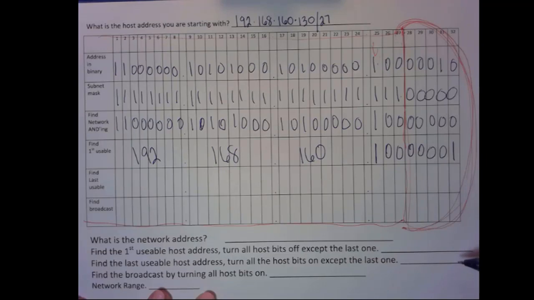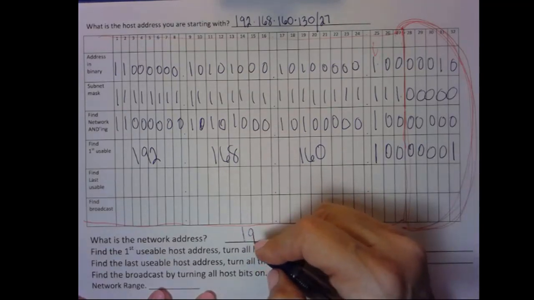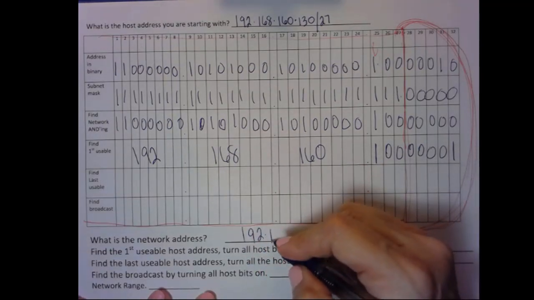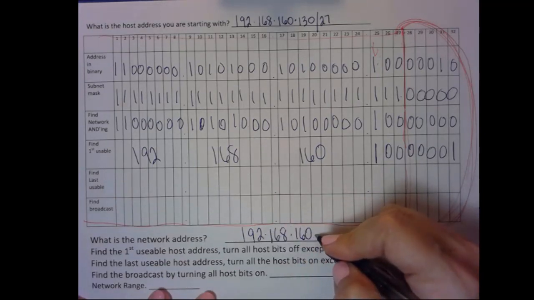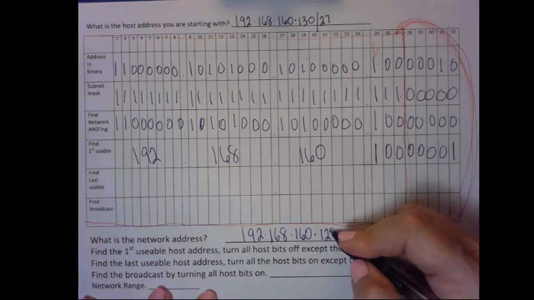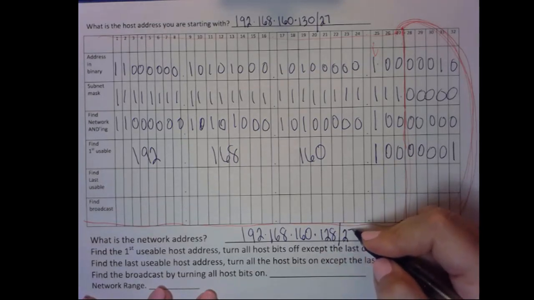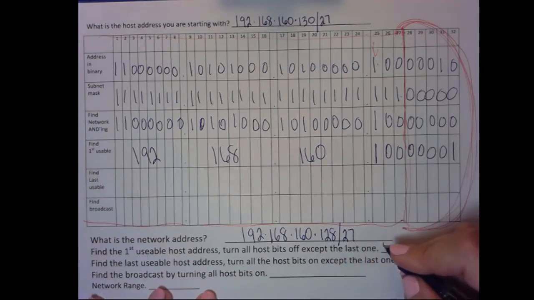So what will my first address be? Actually, let's come here, get a little ahead of myself. My network, 192.168.160.128/27.